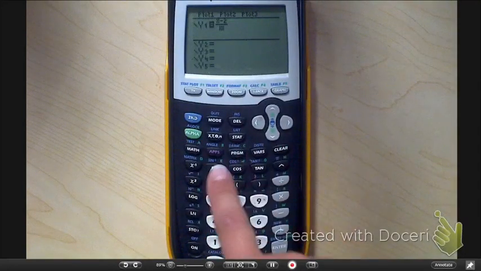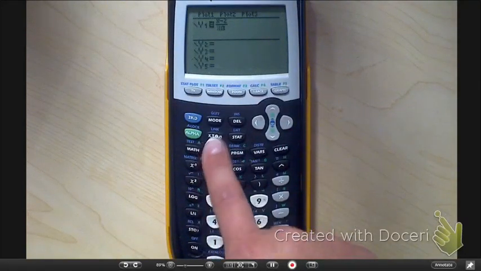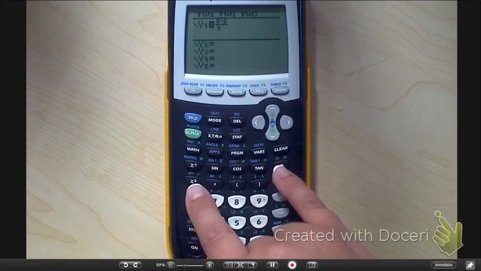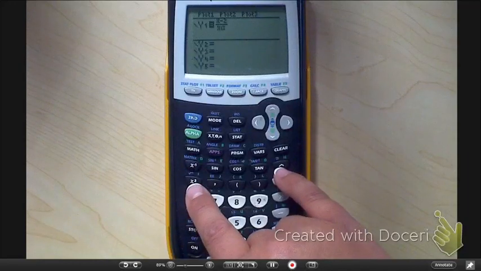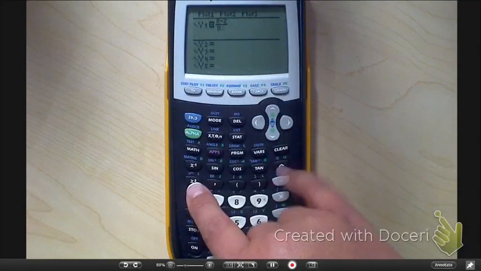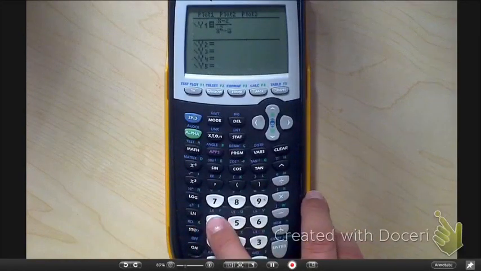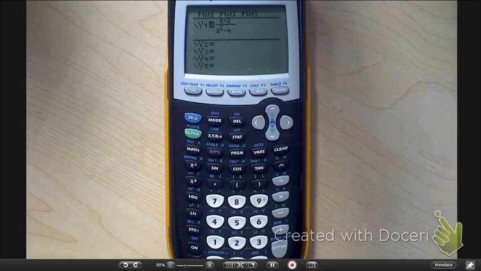And then we go x squared. So again, push x. You can either push this squared button or there's a caret button. I'm pointing to both of them. You can push x squared, or there's a little up caret, and you can do that and then do an exponent of 2 as well. I'm just going to push x squared though, since it's here for us. And then minus 4. X minus 2 over x squared minus 4.